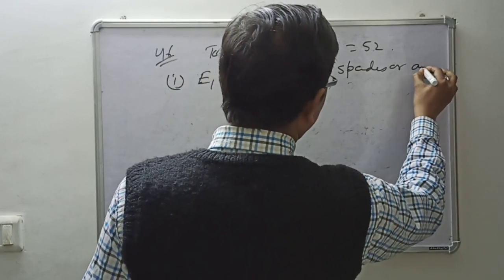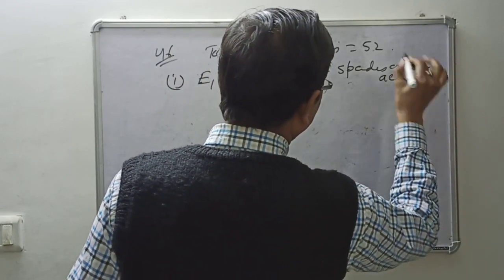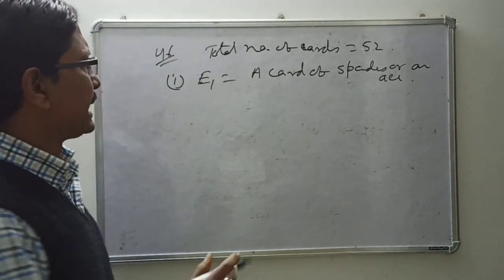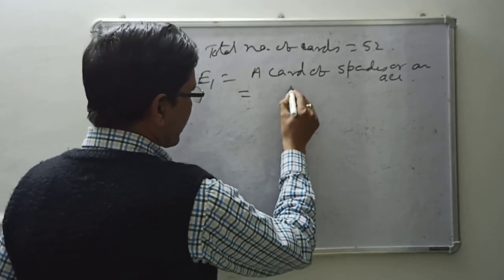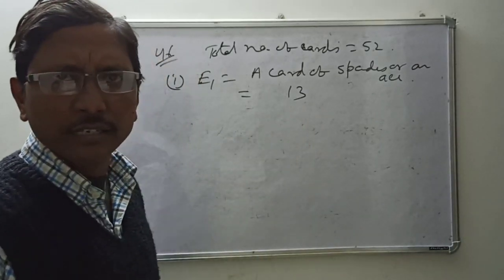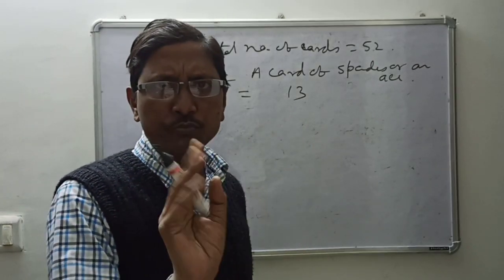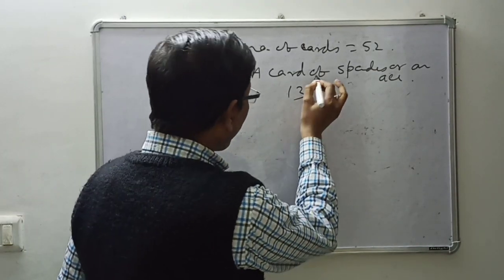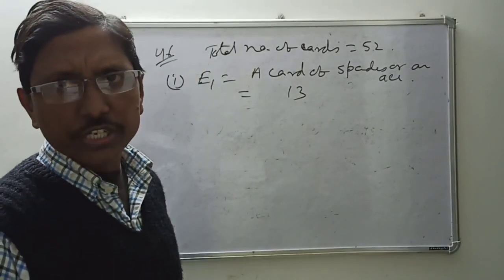Spades you are having 13. Total aces you have 4. But out of this, the ace of spade is already counted here.